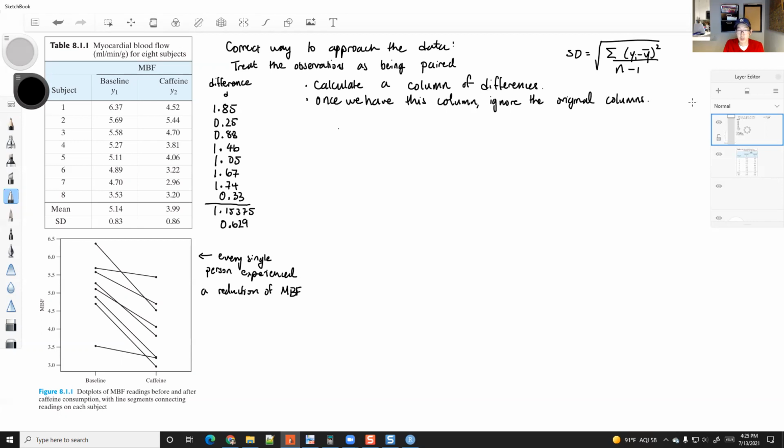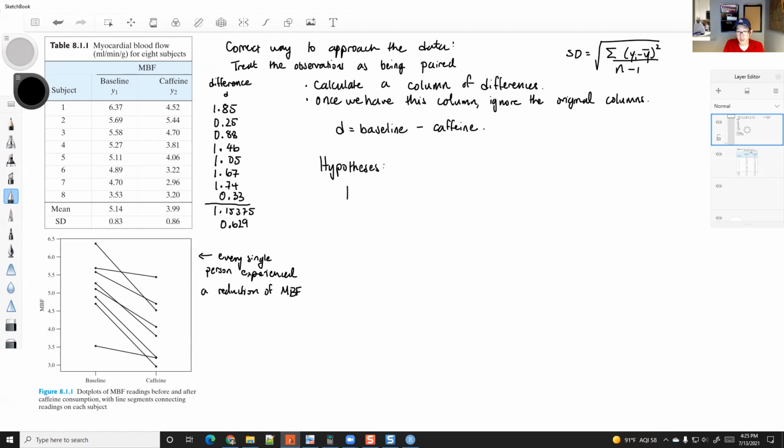Okay, so here we're going to define the difference. D is going to be equal to baseline minus caffeine.